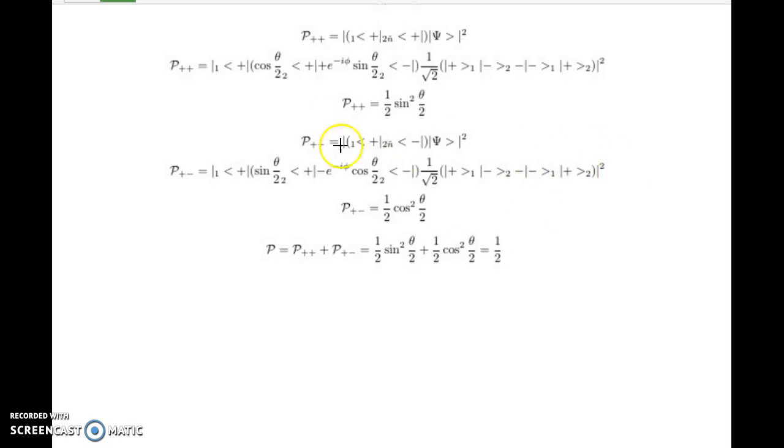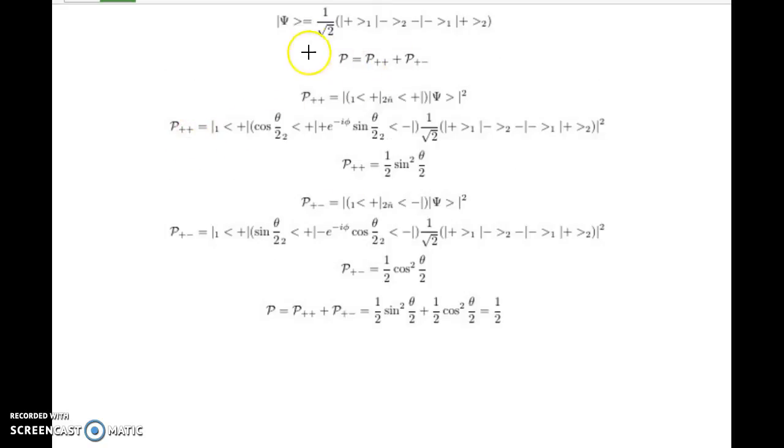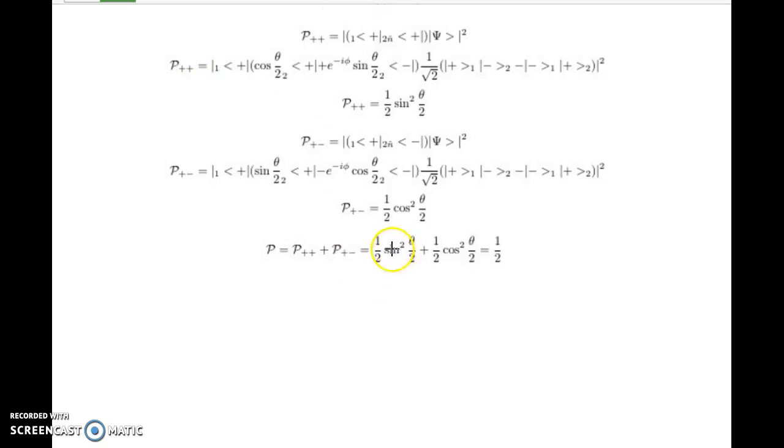And so when we solve this one out, we get 1/2 cosine squared of theta over 2. And so now we have our plus plus and our plus minus. So all we have to do is plug that into this function, and we get 1/2 sine squared theta over 2 plus 1/2 cosine squared of theta over 2.